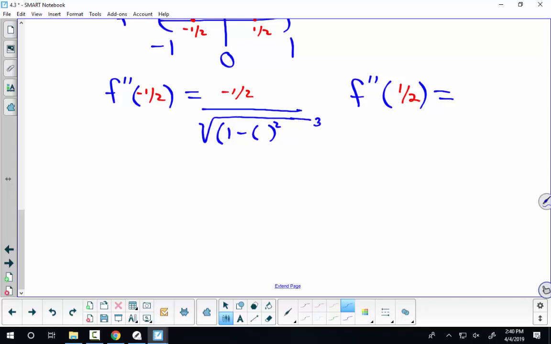And then that's cubed. Positive or negative? Okay, so you have 1 minus 1/4, a positive number. The square root is still positive, cube a positive number, still positive, negative over a positive, so negative.